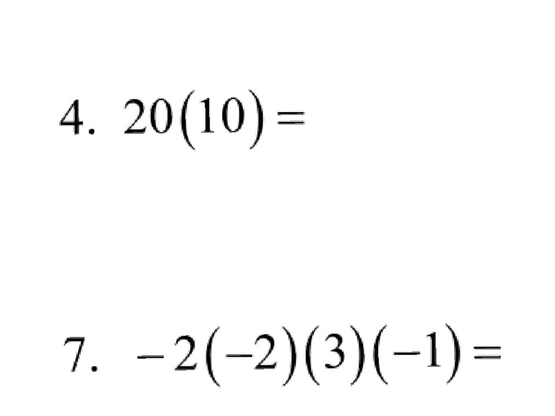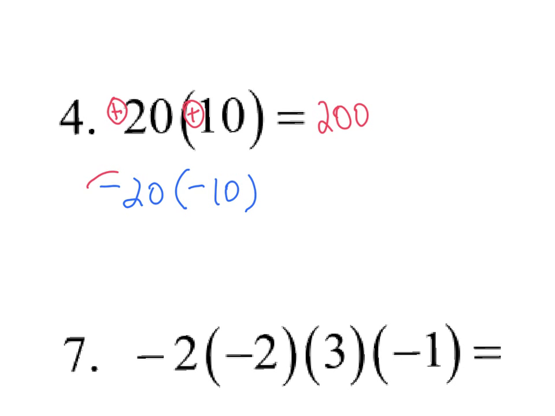And this one here, you have 20 times 10. Notice both numbers have the same sign. This one is positive. This one is positive, so 20 times +10, that's going to be 200. If the two numbers are also negative, let me show you here. Let's say 20 is negative, and you multiply by a -10. The two numbers have the same sign.